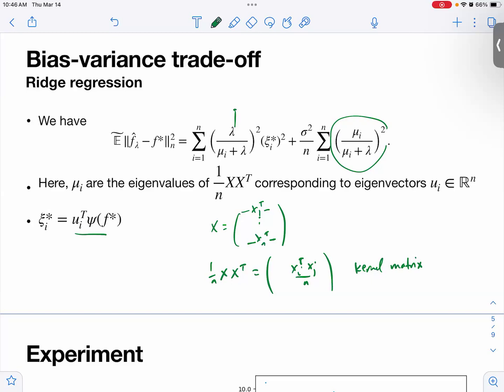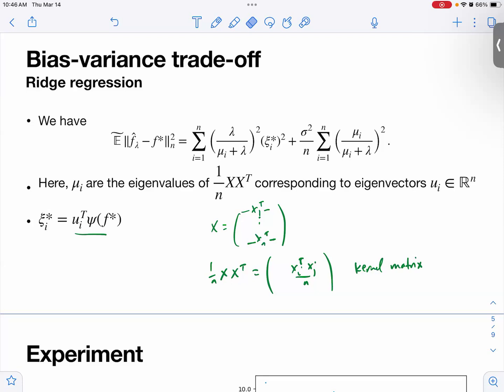We don't have much time to go into it, but if the function aligns well with the polynomial basis, then this would be high early on, and things would work well. If not, then a lot of these coefficients would be 0, and you would have an issue with the bias. But studying this would give you a lot of information, especially that lambda equals 0 is not necessarily the best choice.